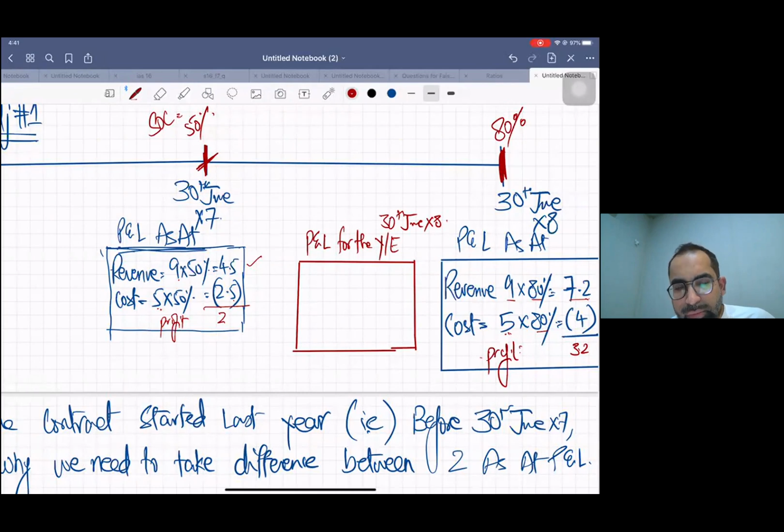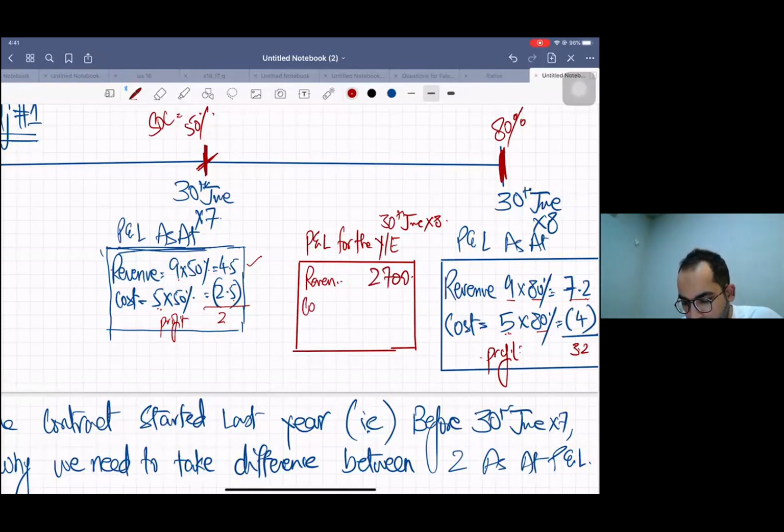See the revenue: 7.2 minus 4.5. 7.2 minus 4.5 is how much? It's 2.7, or you call it 2700.